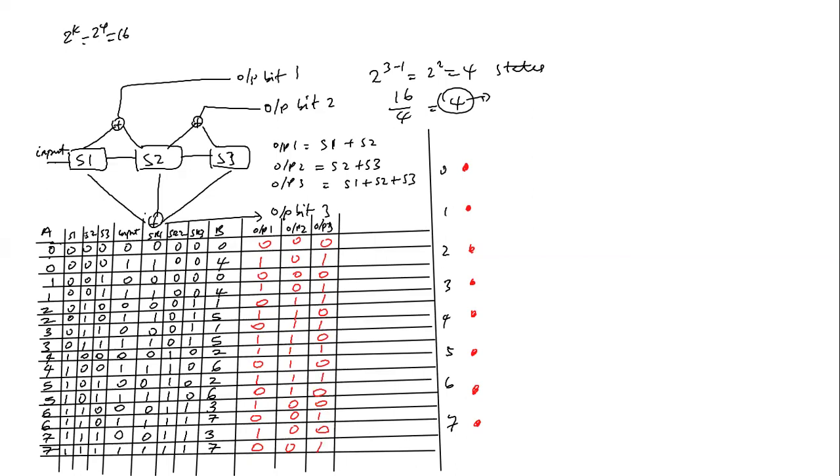So we now have to document all the states: state 1, state 2, state 3, state 4, state 5, state 6, on and on.